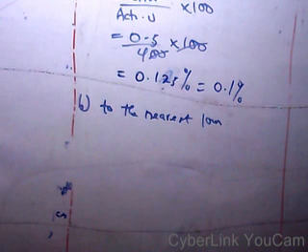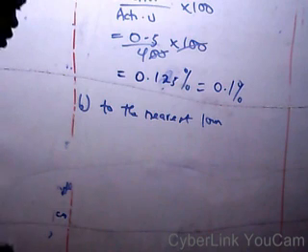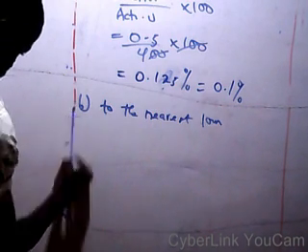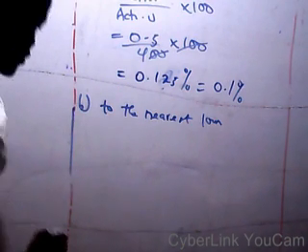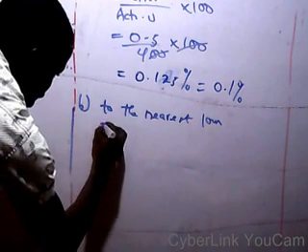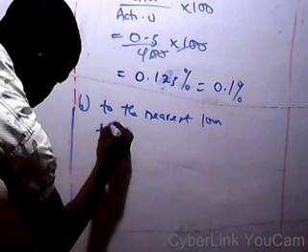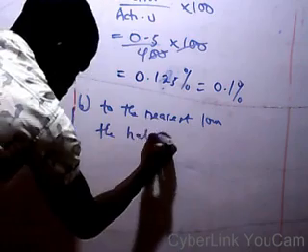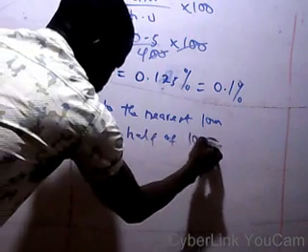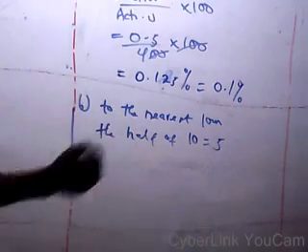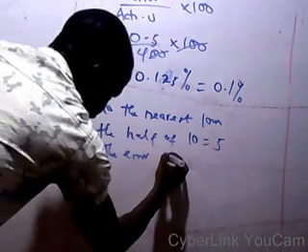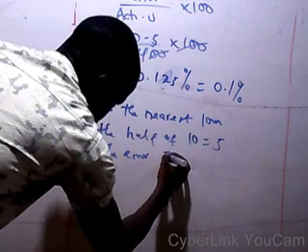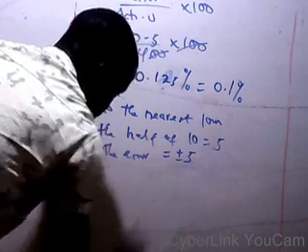So which means that one will now be, we now say the error. To the nearest 10 meter, we have the half of 10, which is 5, right? Which means the error is equal to plus or minus 5.